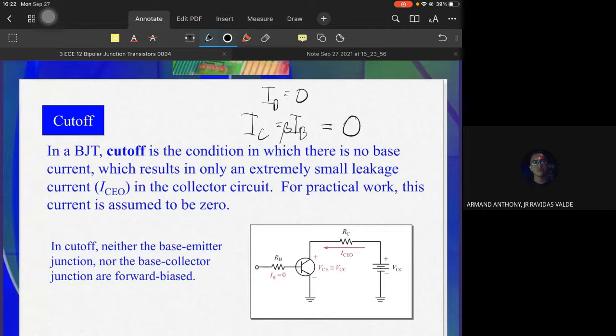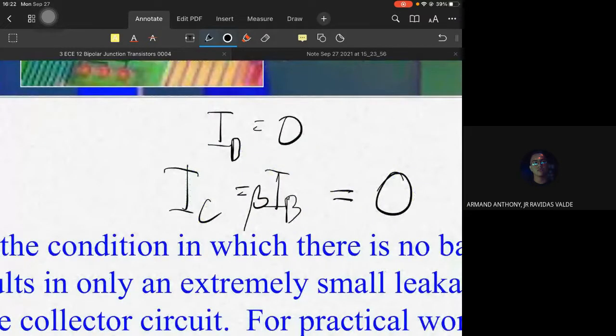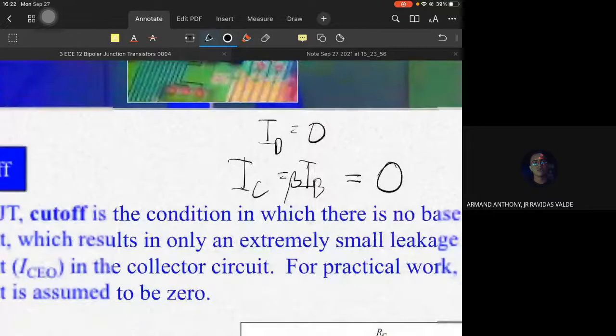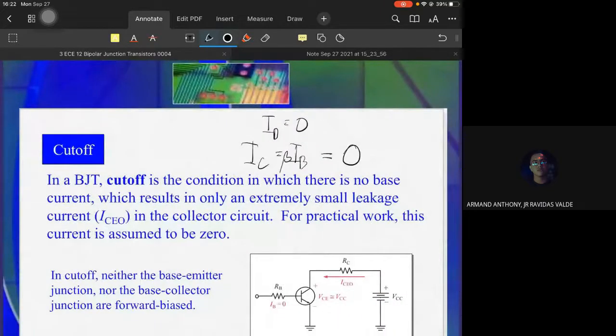So our transistor is cut off because our sensor does not produce voltage or current, which results in only an extremely small leakage current. I won't explain the leakage current in detail because it involves minority carrier flow. But we could say that at cut-off, IC is equal to 0.